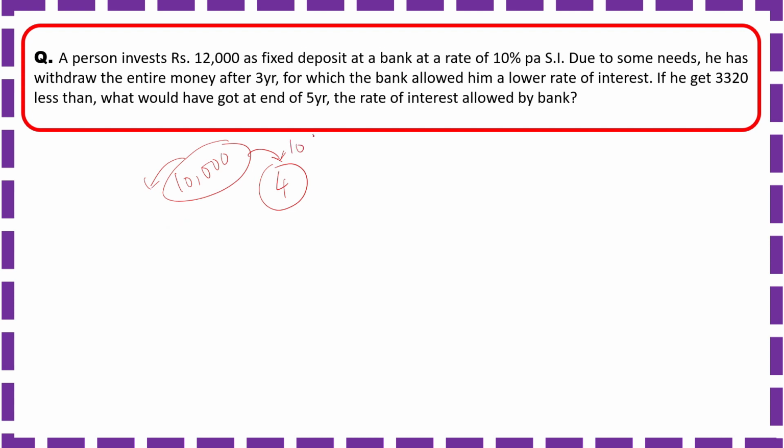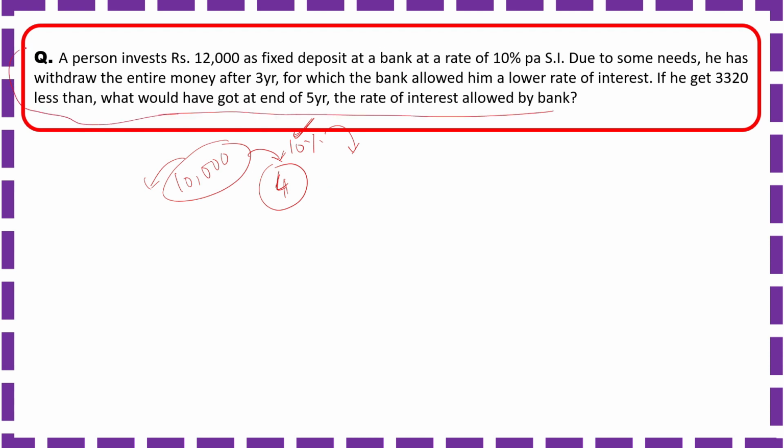Now due to some reasons, you want to withdraw your money before the completion of 4 years. Let's say in the 3rd year you want to withdraw the money you have deposited. So what the bank will do is, it doesn't pay you 10% interest, it pays you lesser than 10% interest. So the same concept is applied in this question.